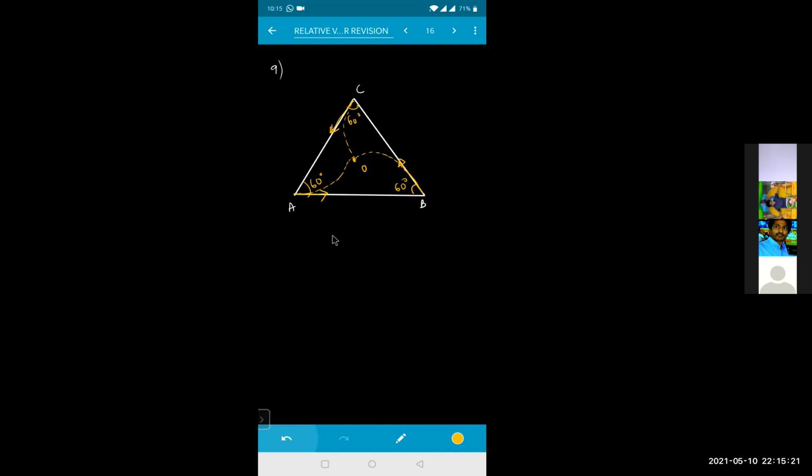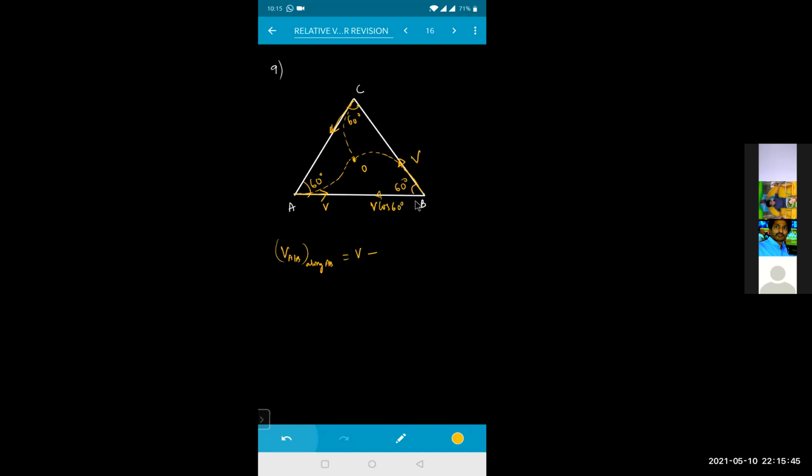Very simple, beta. See here, if I'm talking about the relative velocity of A with respect to B along AB, any line you can take, beta. This is V, and this one is minus V. So resolve this V into components, beta. This will become V into cos of 60, isn't it?